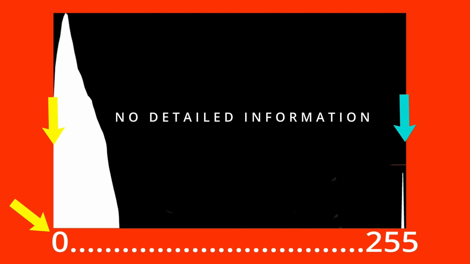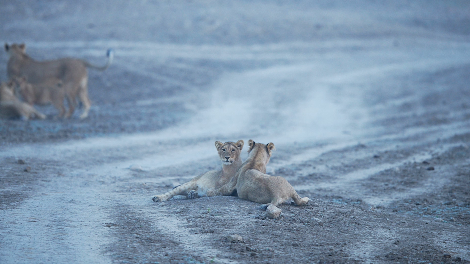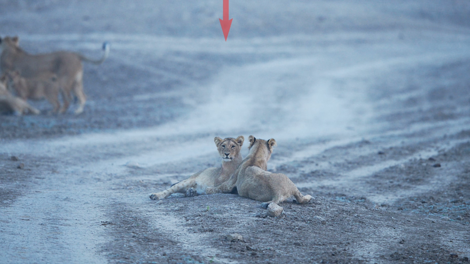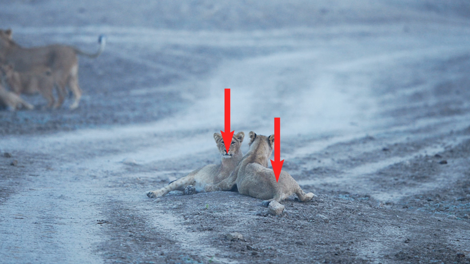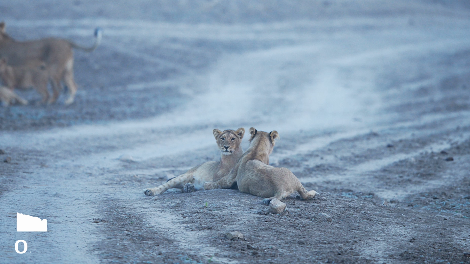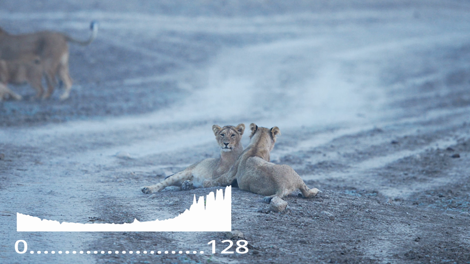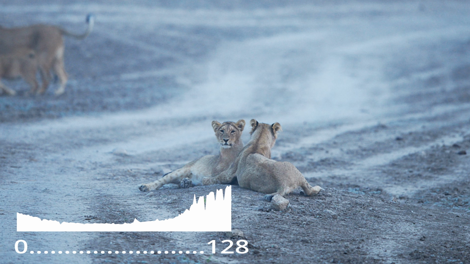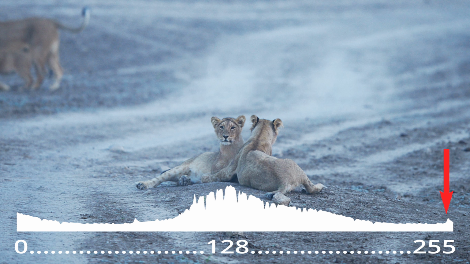What that means is at 0, it has no detail information, and at 255, it has also absolutely no detail information. That's it. So if your image has a certain amount of blacks and grays, it will plot them from the black side over here to the gray side over here, all the way to the whites on the far right.